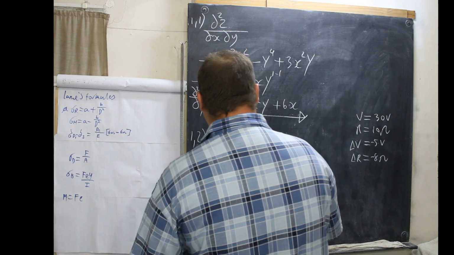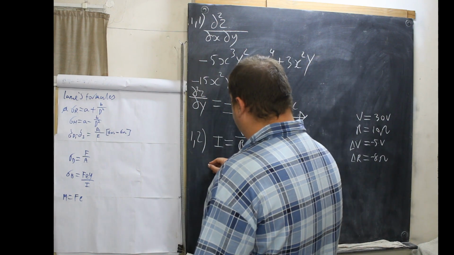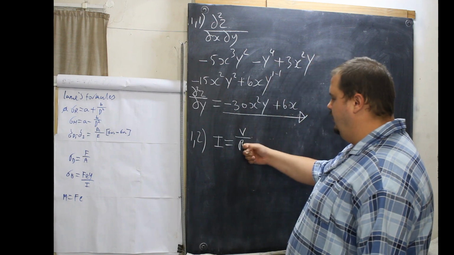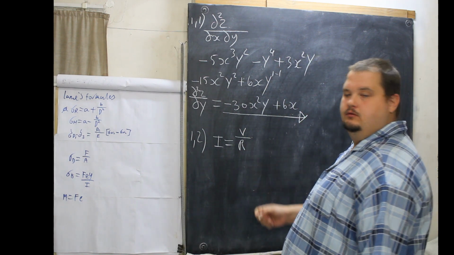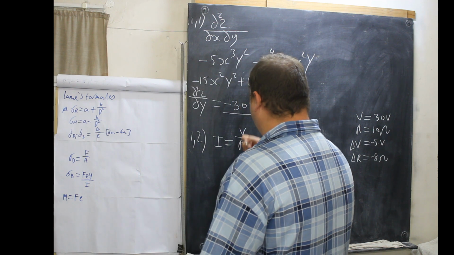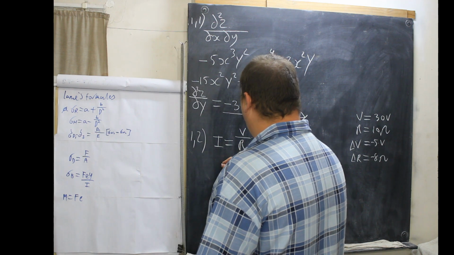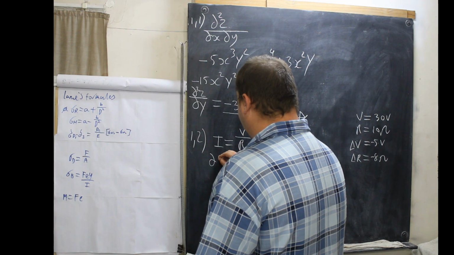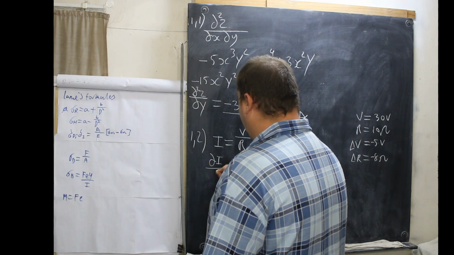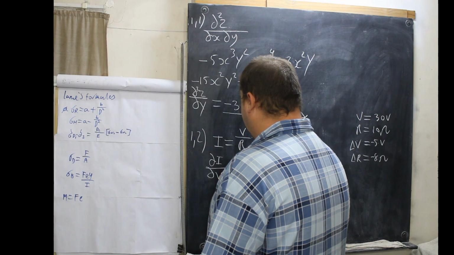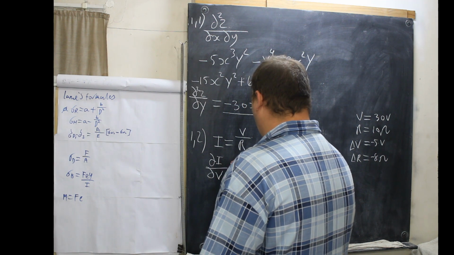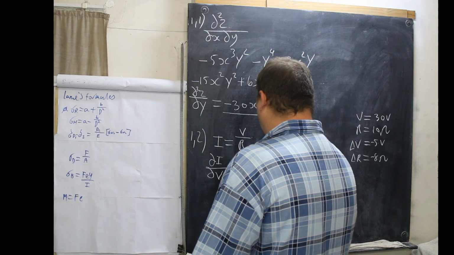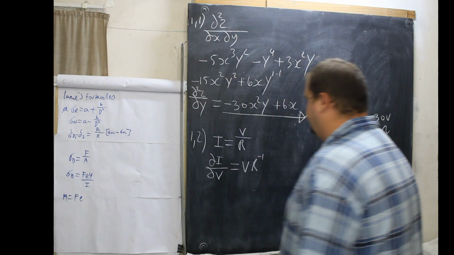So how this works is, first things first, we differentiate this with regard to each variable. We will first differentiate I with regard to V, which equals V times R to the minus 1.